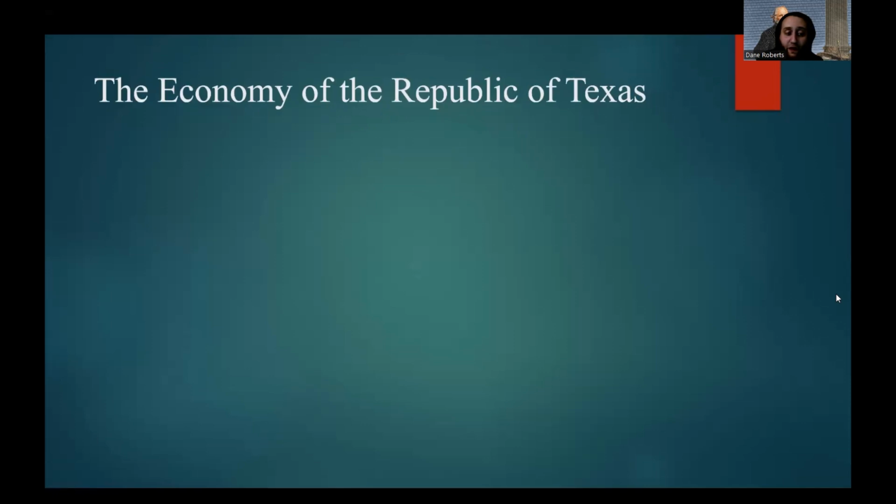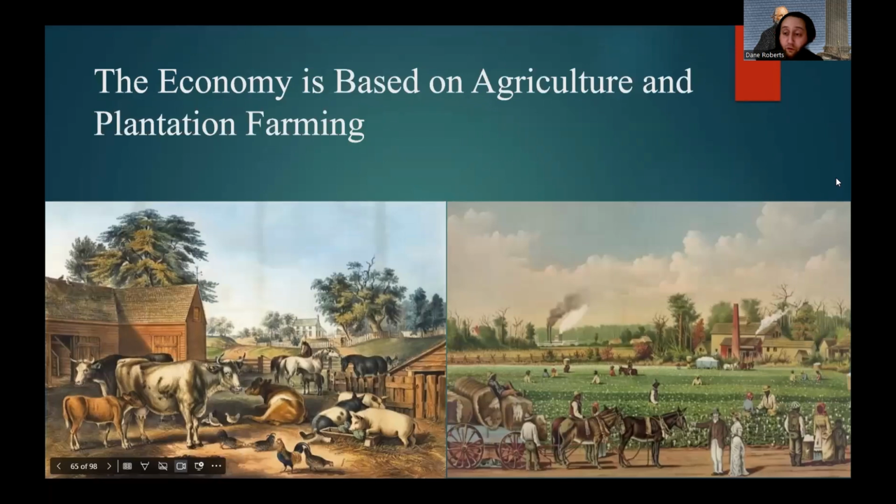Now, this brings us to the economy of the Republic of Texas. So, first off, much like most of the southern United States during the 1830s, as well as well into the 1860s, the economy of Texas was based primarily on agriculture and plantation farming.